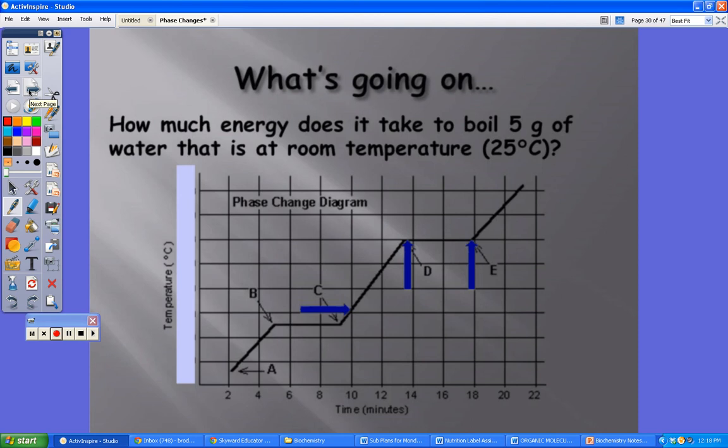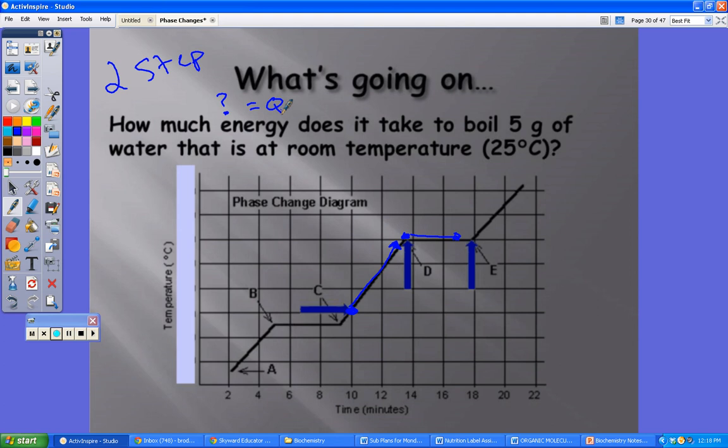So now, how much energy does it take to boil 5 grams of water that is at room temperature, 25 Celsius? So this is a two-step question because you're starting down here and you first have to climb up the slope, then you have to climb across the slope. So how much energy? We're going to be looking for a Q value.